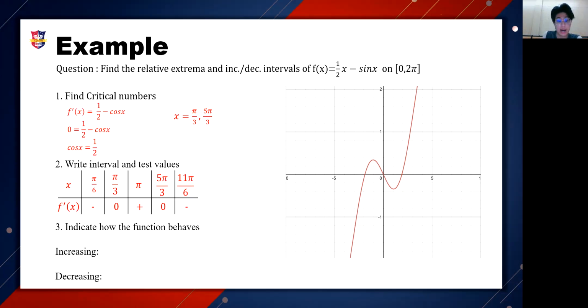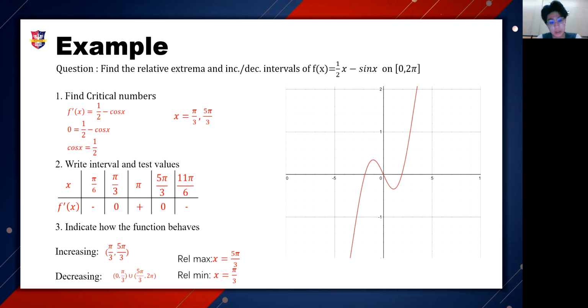Then we find out that it's increasing on the interval (π/3, 5π/3), and it's decreasing on (0, π/3) and (5π/3, 2π).